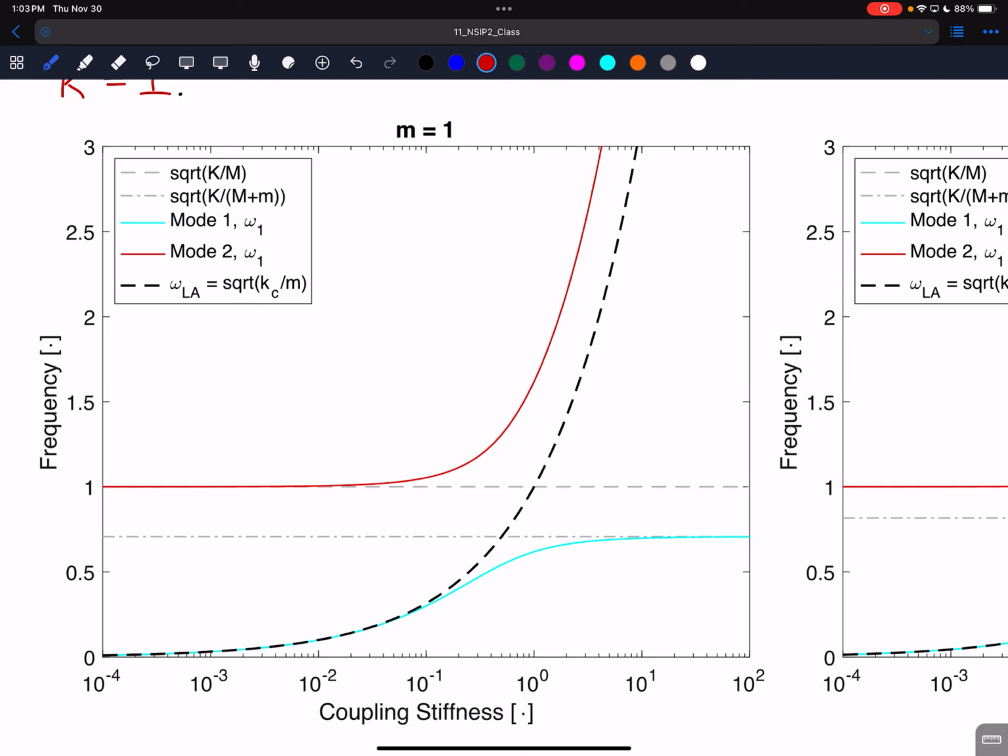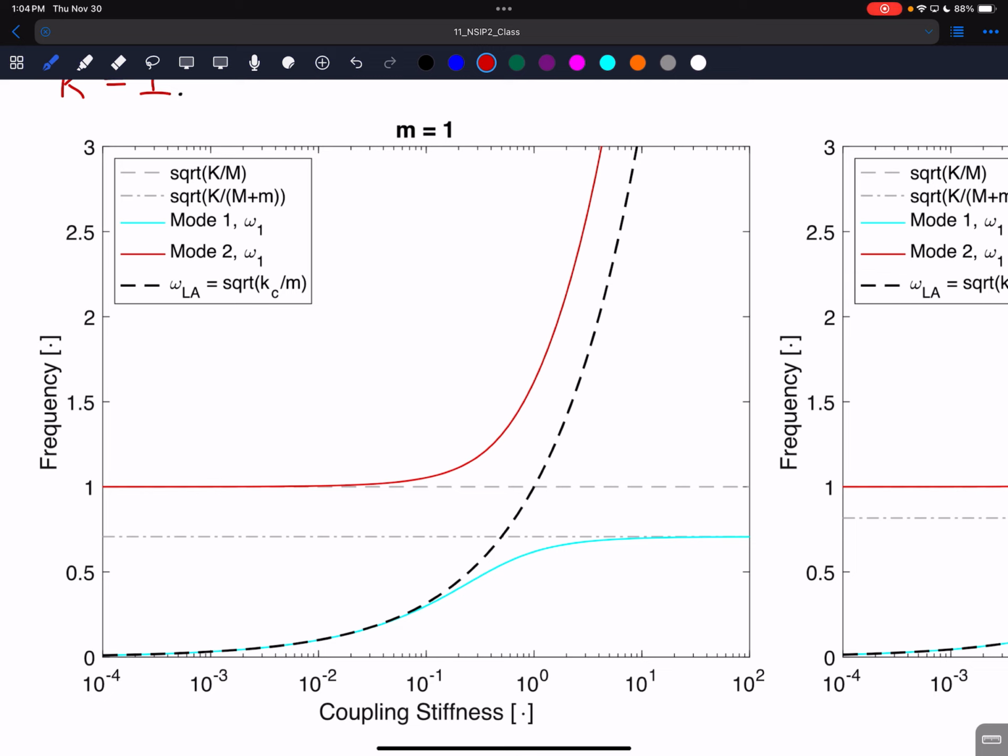Okay, so what you see here is that at low coupling stiffness, the first mode in Scion, its frequency agrees well with omega sub LA, which is the equivalent linear frequency of that local attachment. And then as that coupling stiffness increases, eventually that first mode starts to depart from omega sub LA, and then actually ends up converging to that gray dash-dotted line.